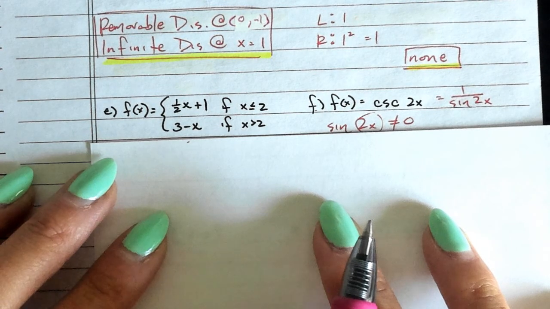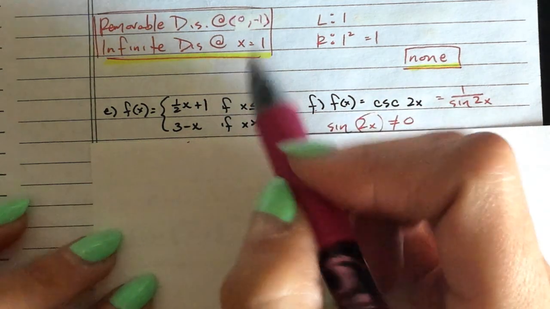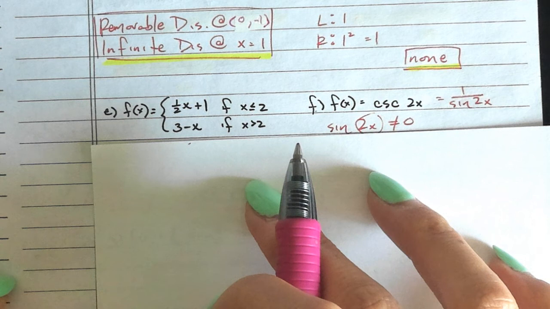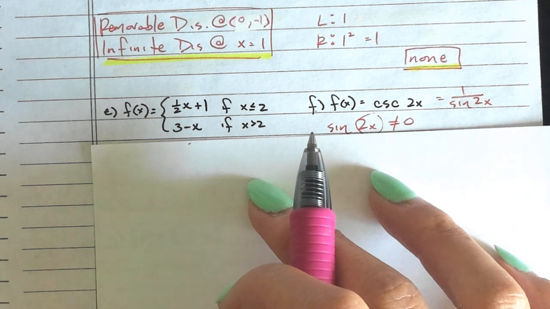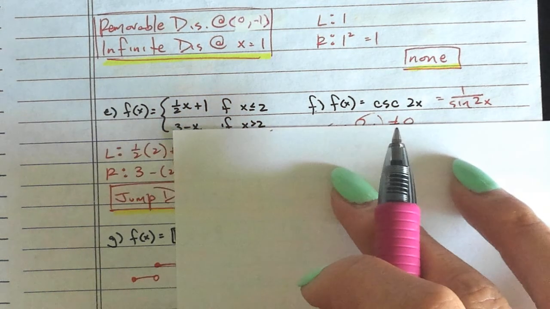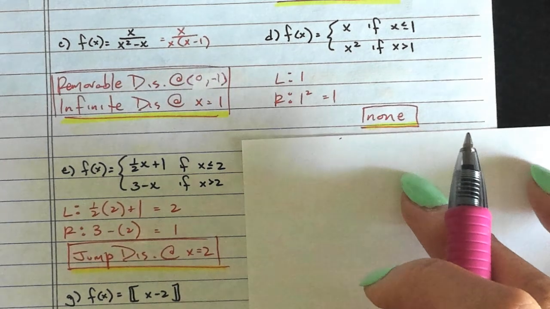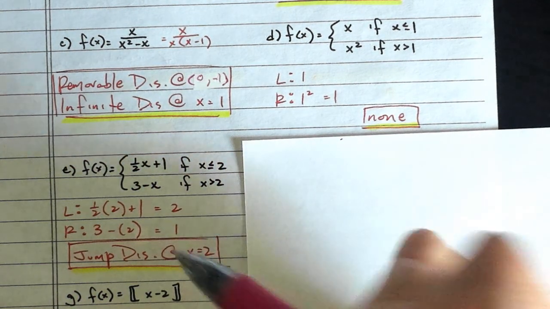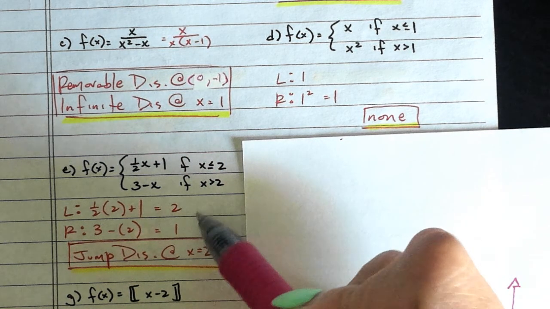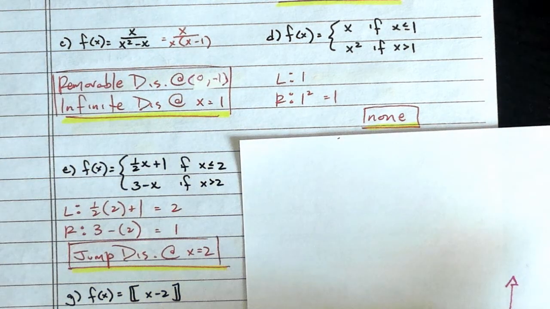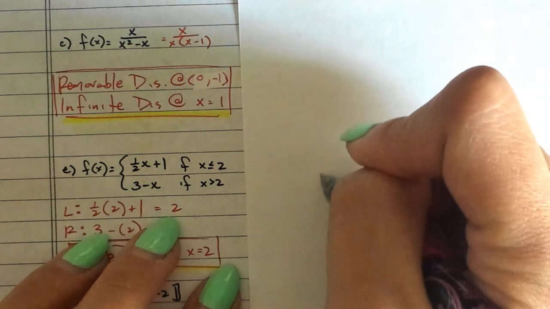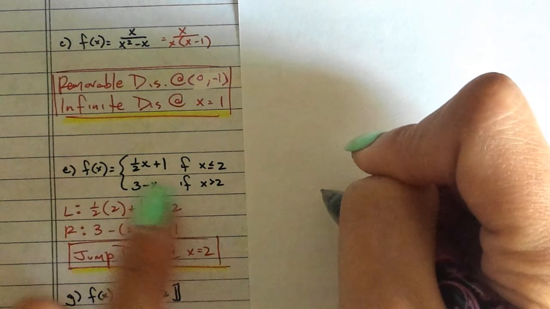E and F, let's see. For E, I care about what happens at that point too. So again, I'm finding the left and right. You do it first, don't always just copy me, and then we see something like that. So the left and the right, oh, they're different. The limits are different. What does that look like if I wanted to draw it for you? I would have a left going to 2. That's a line.